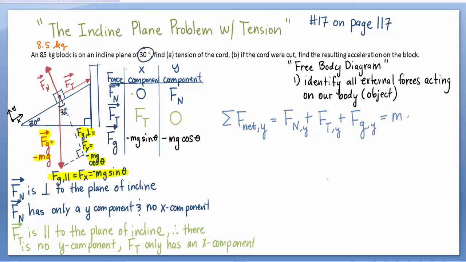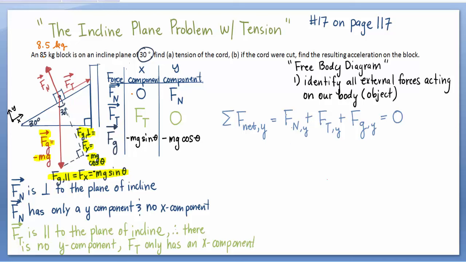That is equal to ma, but there is no acceleration in the y direction. So ma again equals m times 0, which equals 0. So we can go ahead and put 0 in right here.